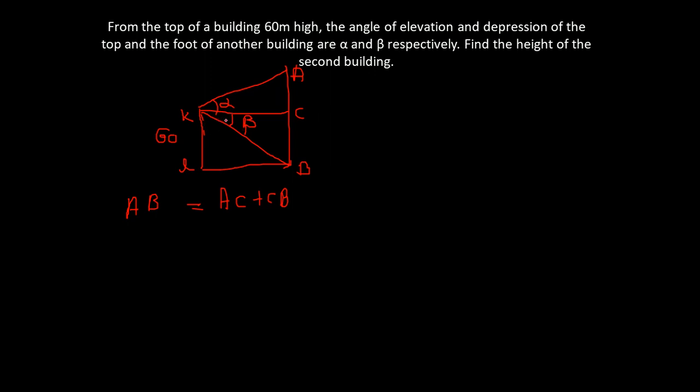So by the properties of angles, this will also be beta, and this KL will be parallel to CB. So if we get KL, we can get CB also, because it is parallel. The relation between this base and this perpendicular is given by tan.